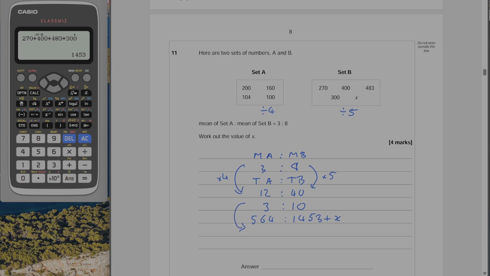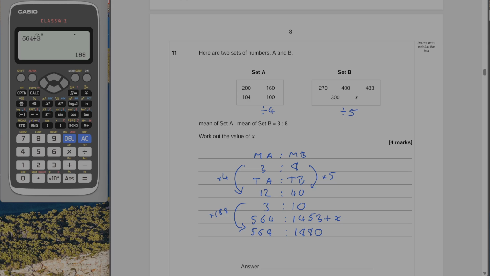Okay, so what do I need to times 3 by to get 564? I need to times by 188. And this value would be, so 564 to times this by 188, 1880.